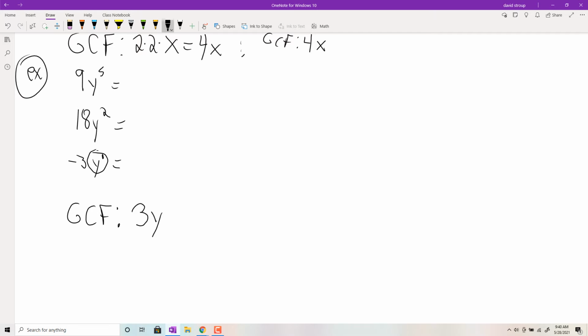Let's make sure though, by brute forcing out the factorization here. So 9 is the same as 3 times 3, and then y to the 5th, y times y, there's 5 of them, right? 18 is the same as 2 times 9, and 9 is 3 times 3, so you get 2 times 3 times 3. If you need a number tree, do that.